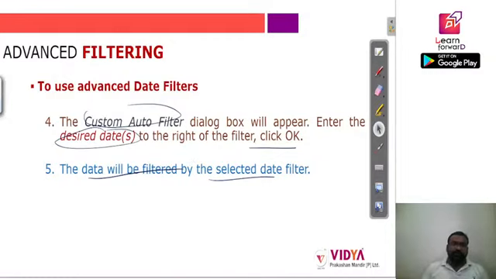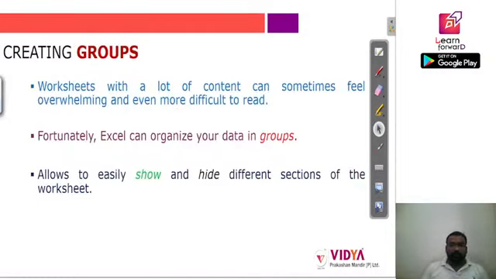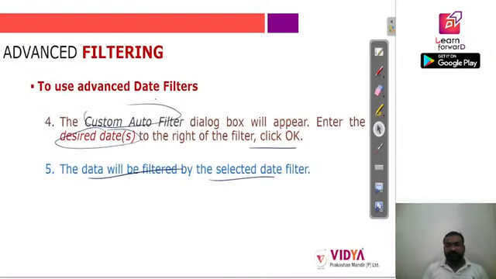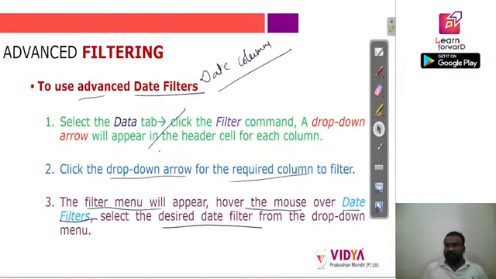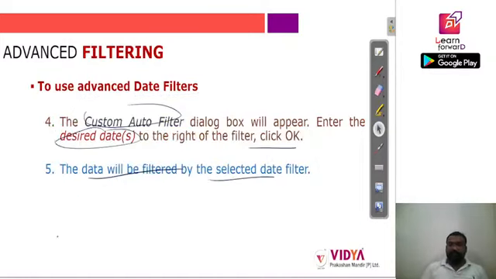So I hope this advanced filtering is clear to all. We have seen how we can apply the date filter. It is similar to other filters. We select the desired column on which we want to apply the filter, then a filter menu appears. We take our mouse to the date filters, select the desired date filter, and in the custom AutoFilter that appears, we provide the desired dates by which we want to filter.